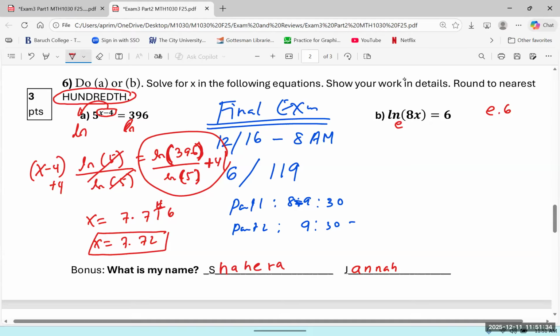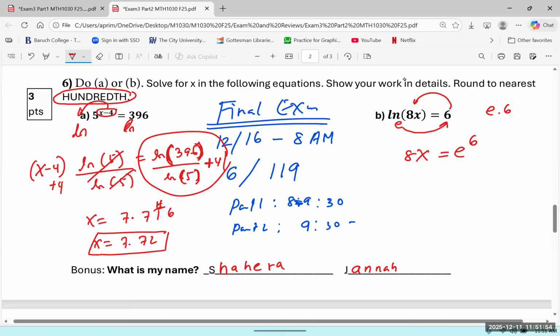You had no idea what to do in the exam. That's why, remember, just convert this into exponential. We have invisible e, so e gets the power 6, and you set it equal to the argument. If you convert, then you will not make the mistake of multiplying e and 6.